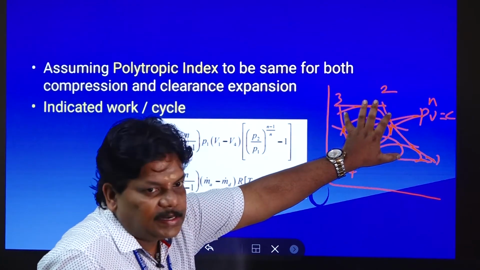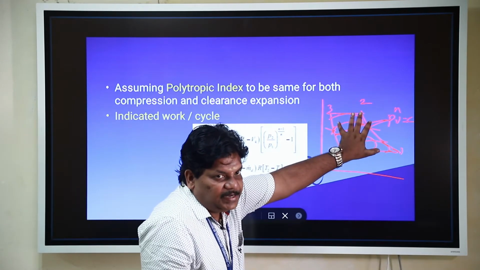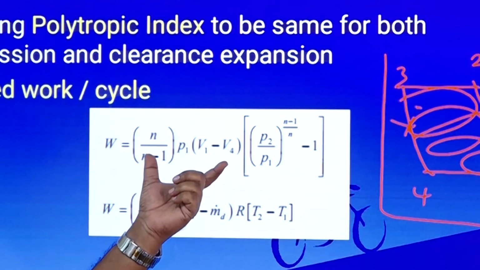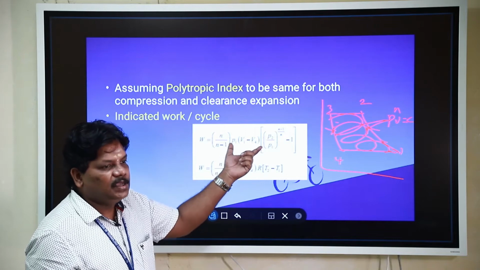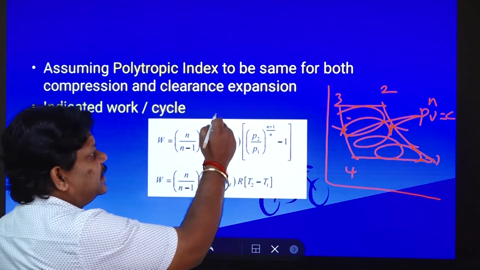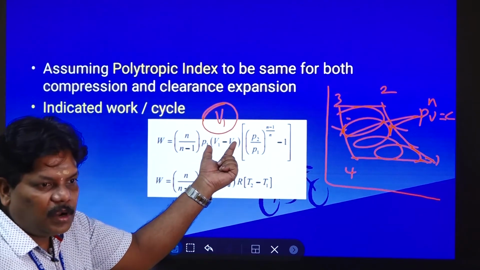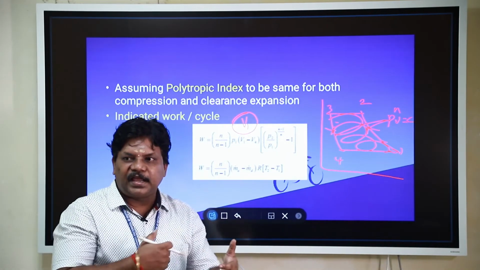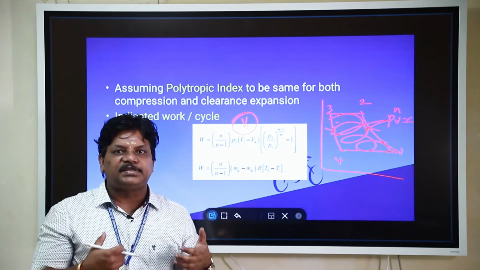If you want to find this area, W is equal to the integral of P dV, we know all these things. The same formula is applied here and we arrive at this formula. For a polytropic process, what is the work done? W is n by n minus 1, P1 V1, but here it is the effective swept volume. V1 is the total volume, but what is the amount of air that is sucked in?